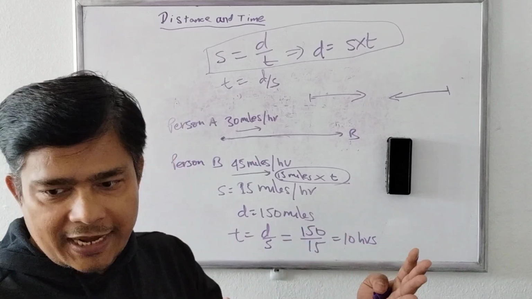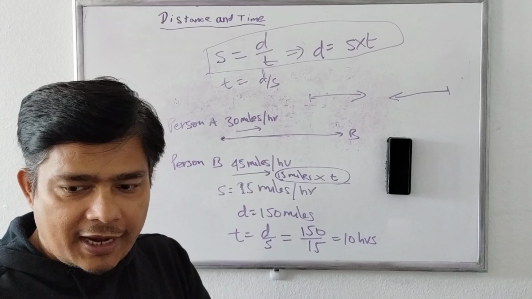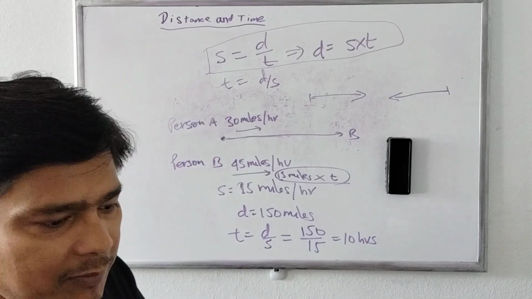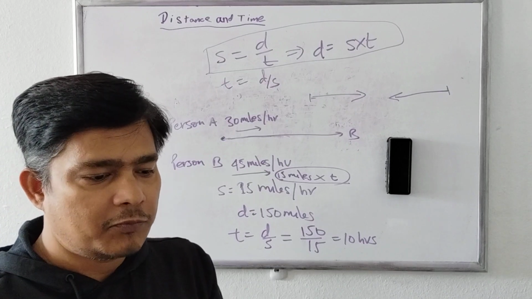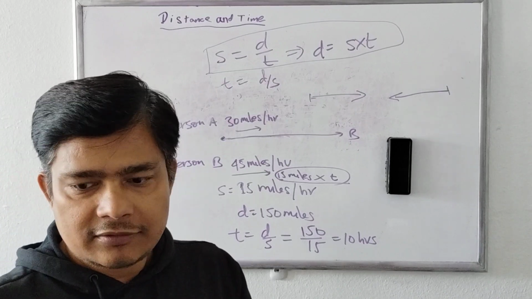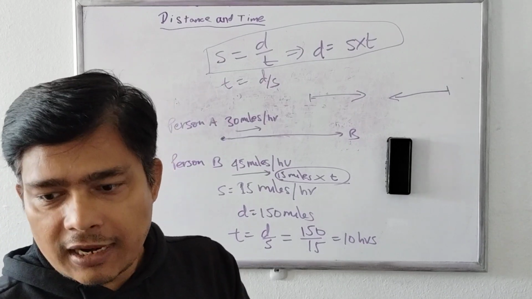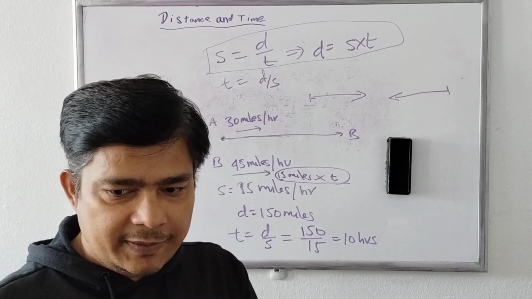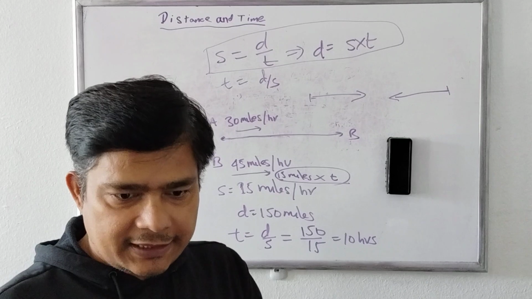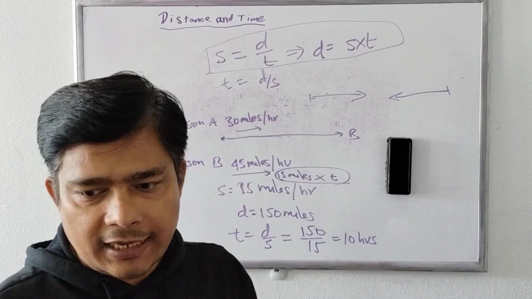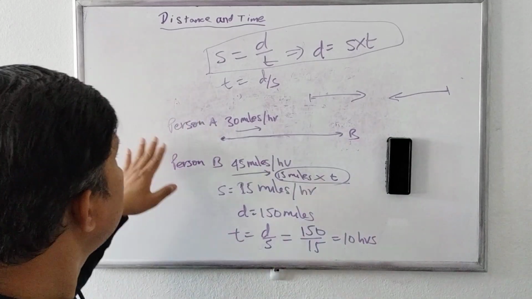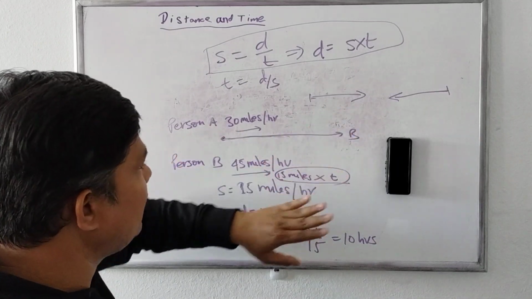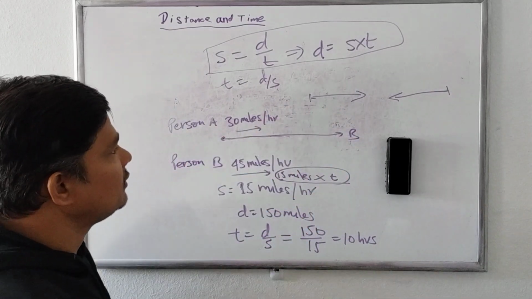They are going in the same direction. So we have to find, in a given unit of time, how far car A is from car B. So the distance between car A and car B will be: subtract the speed and then multiply by the time. So that's why you have to subtract or add. So you got the idea.